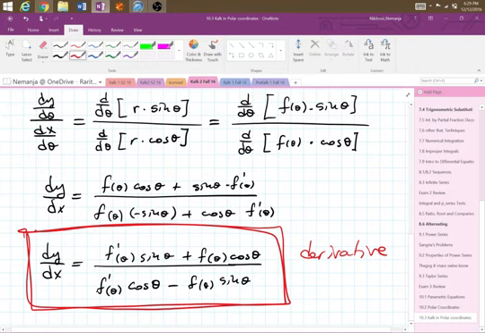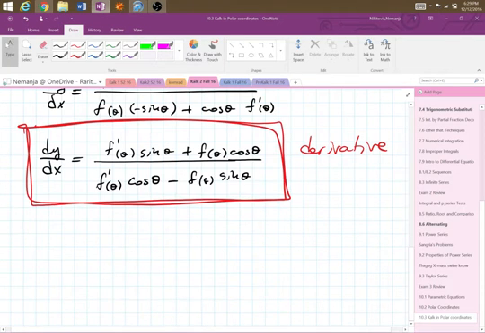So let's do an entire problem to find the tangent line, where we are actually finding the derivative, and then finding the actual line. So here it goes. Polar coordinates are fun.